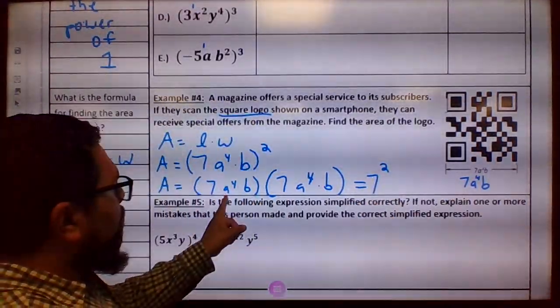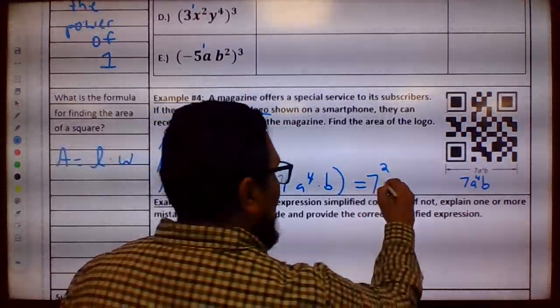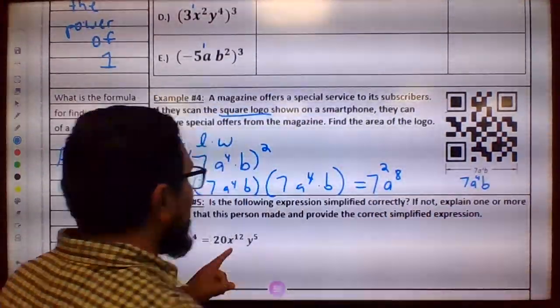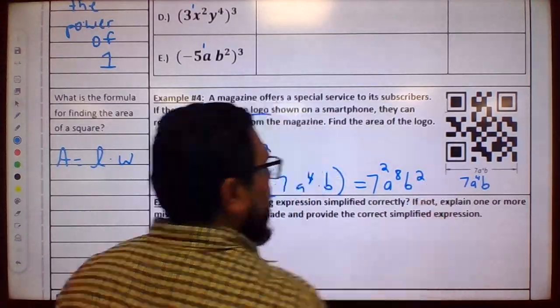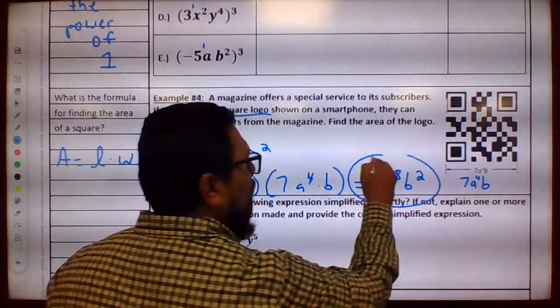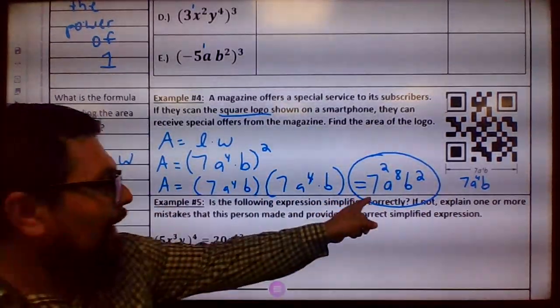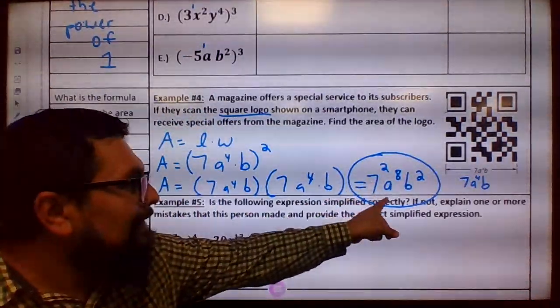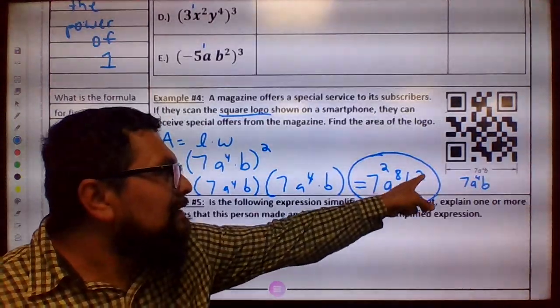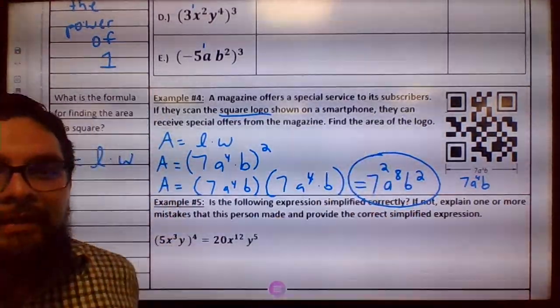I see 4 a's and 4 a's, that's 8 a's. And then b squared. That is our answer, the area of this logo. Now, it would actually be 49a to the 8th b squared, but we'll just leave it like that.